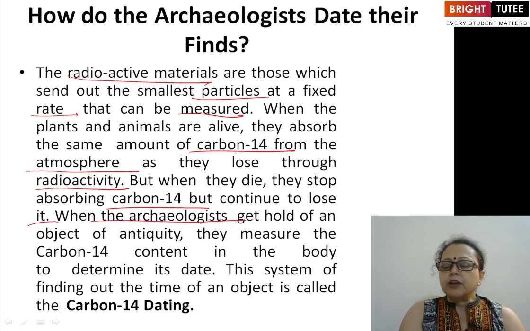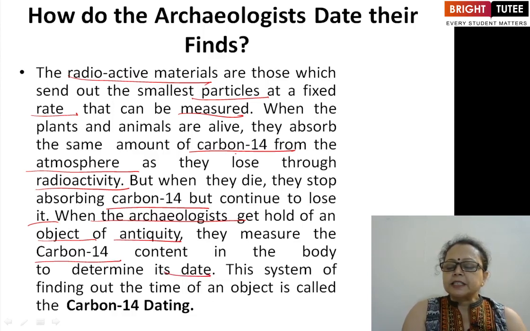When the archaeologists get hold of an object of antiquity, meaning the oldest one, they measure the carbon 14 content in the body to determine its date. This system of finding out the time of an object is called carbon 14 dating, and this process is known as carbon 14 dating.